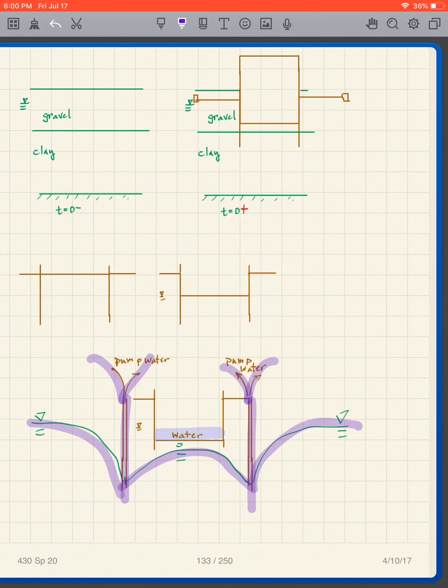Now, it depends on what the permeability of the gravel is, but that is a way that we can create a dry situation in which we can excavate the basement. So that's one way to do it. There are other ways, but that is a practical problem that you need to be aware of.